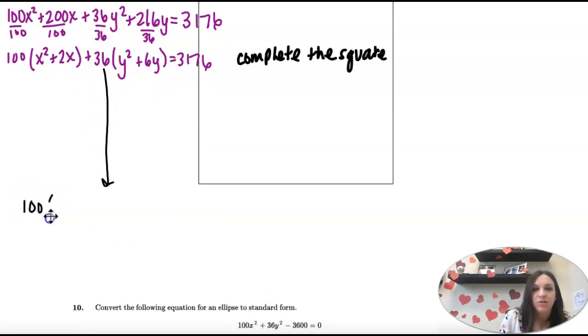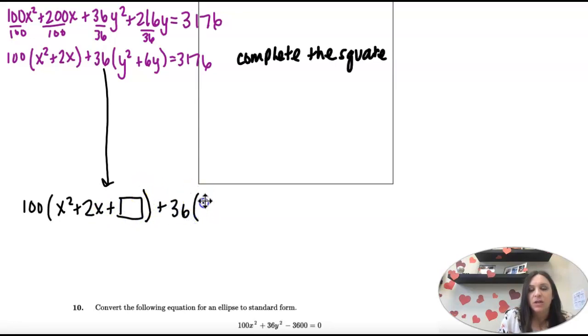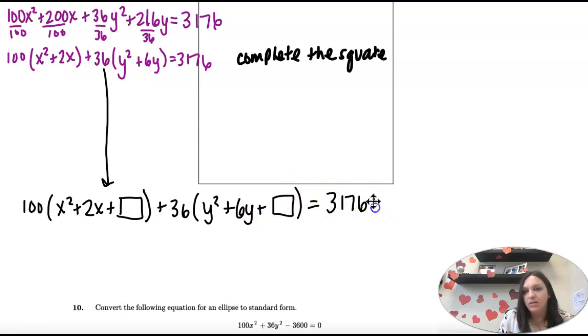So we have the 100, and then we have x squared plus 2x, and then we're going to complete the square, so we have to add something out here. Plus 36, and then we're going to complete the square with the y's. So we're going to have to add something out here. And then remember, when we add on one side, we have to add on the other. And those are a little bit bigger. I'll show you why.